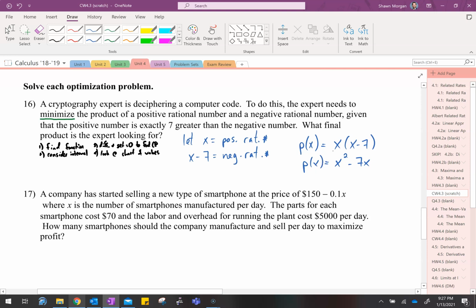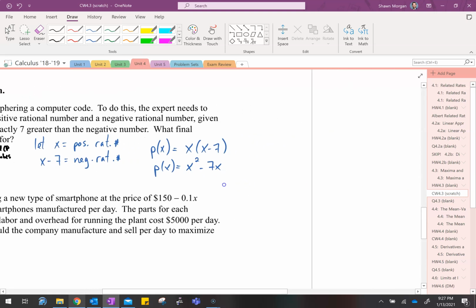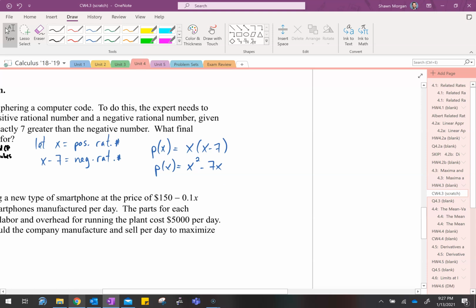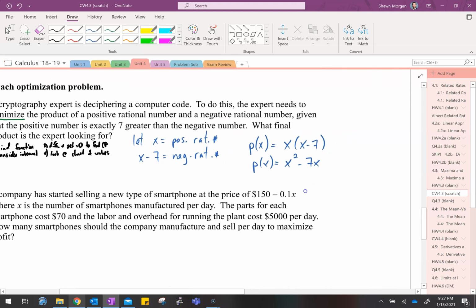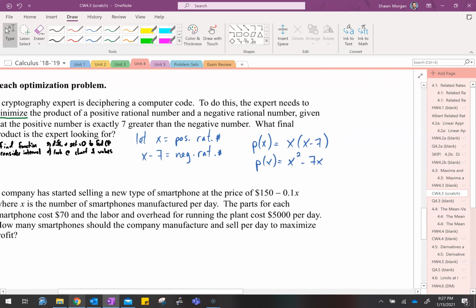Let me make sure I read it: what final product is the expert looking for. All right. So if we're going to minimize this function, let's look at our next step. We've written up our function. Next, consider the interval. If x is a positive rational number, then I'm going to be looking on the interval from 0 to infinity.